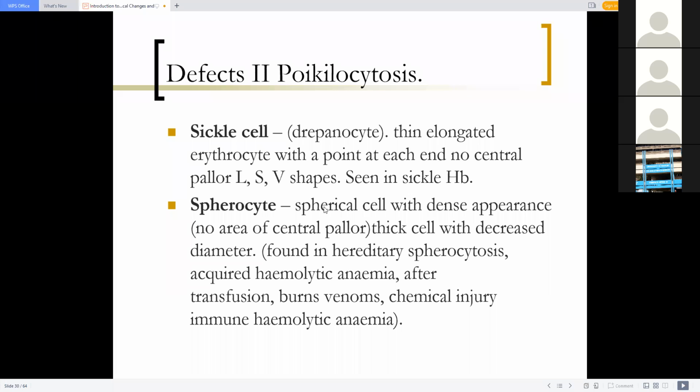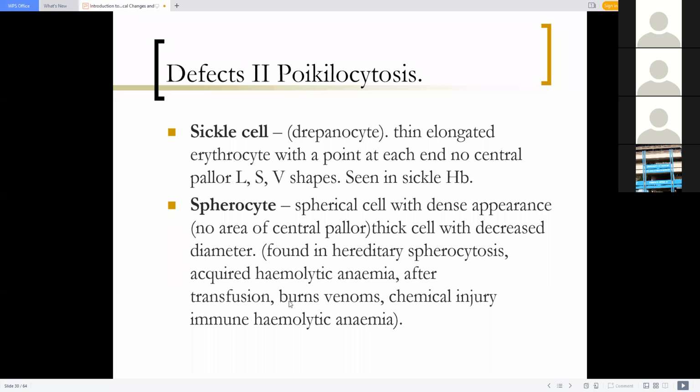All right. Then you have spherocytes. Spherocytes are, we said, cells that have lost the area of central color. Usually, the red cell looking like a donut shape. It takes a spherical, dense appearance with no area of central pallor, and it usually looks very deeply stained, and it can occur because of abnormalities in the composition of the protein components of the red cell membrane.